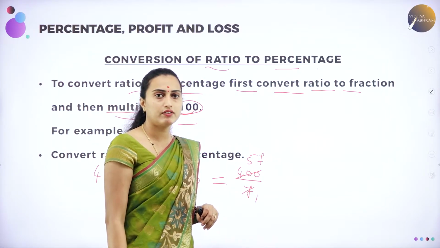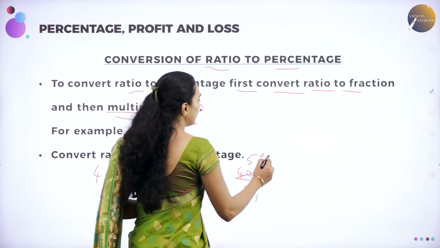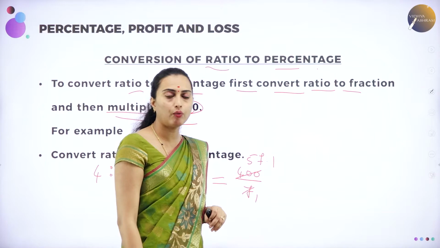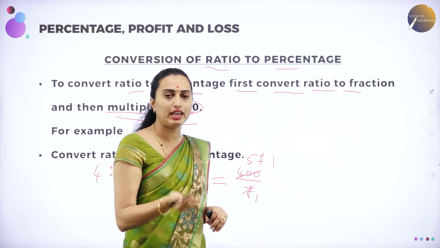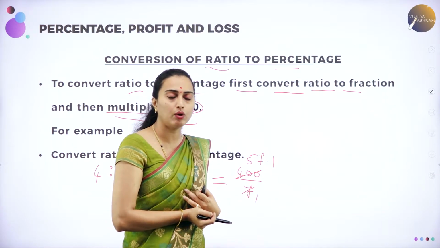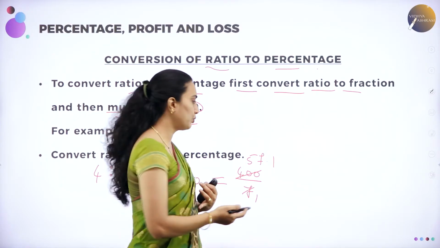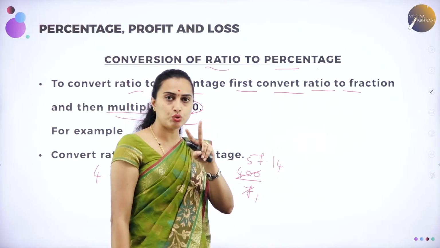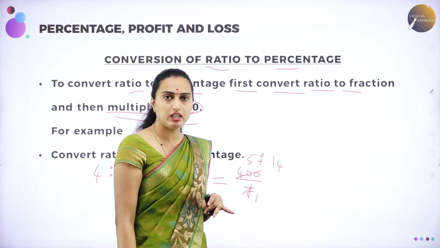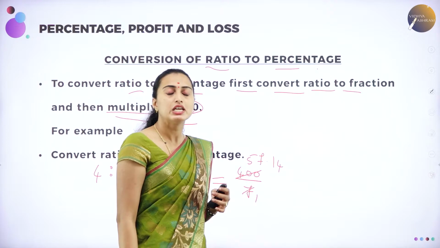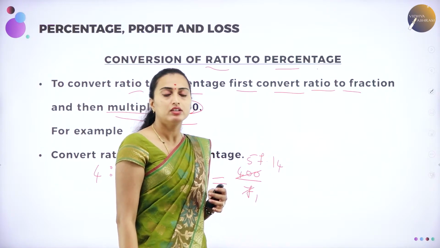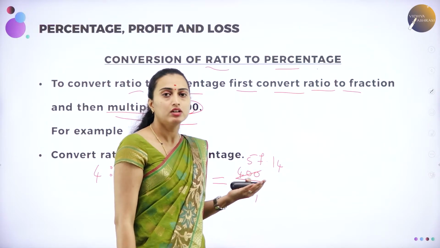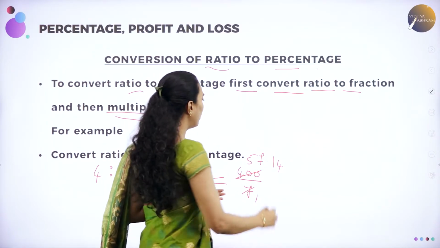Now 7 1s are 7, correct? In 10, 3 is remaining. Again 30 it will be, carry over 0. So 7 4s are 28, remaining is 2, again carry over 0, so you have 20. 7 2s are 14, 7 3s are 21, so 7 2s only will go.